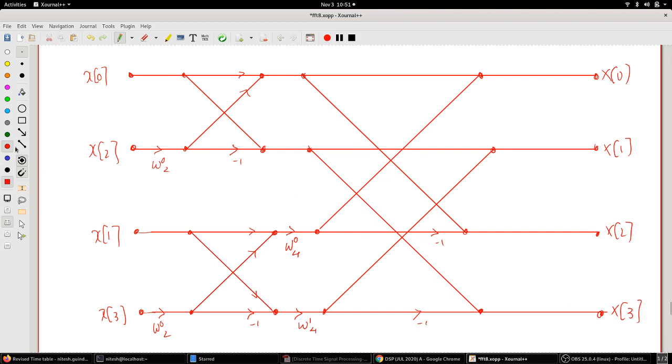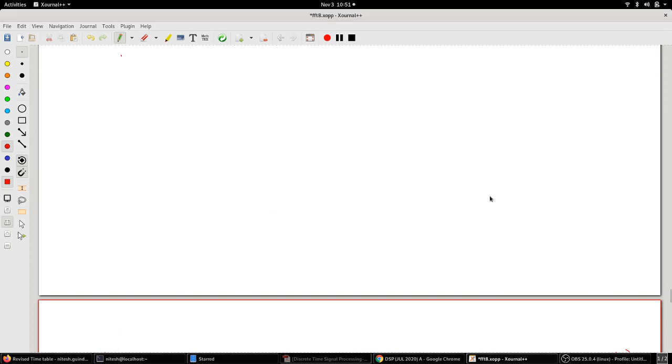Initially you had a 4-point structure which looked like this: this was your W0 of 4, this was your W1 of 4, this was your W2 of 4, and this was your W3 of 4. So what we have done here is, this W0 of 4 is exactly on the other side of W2 of 4, right?